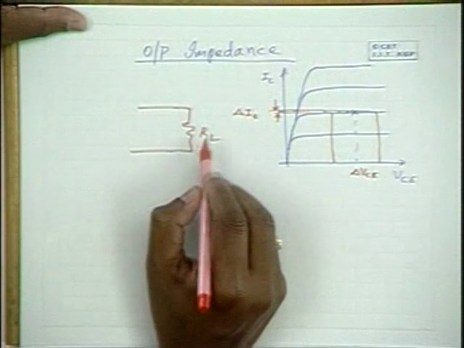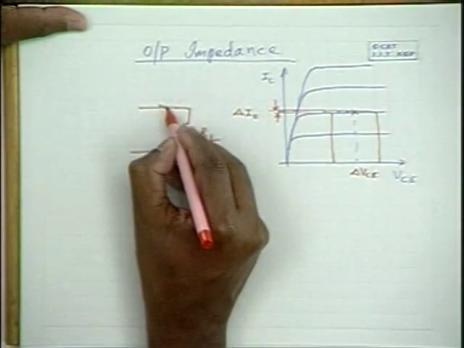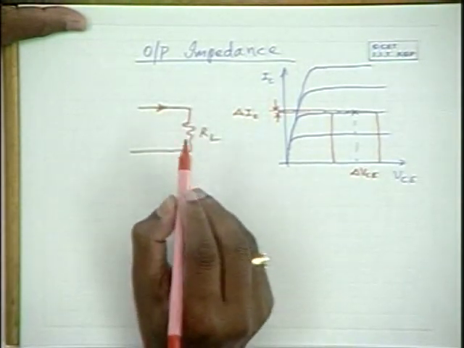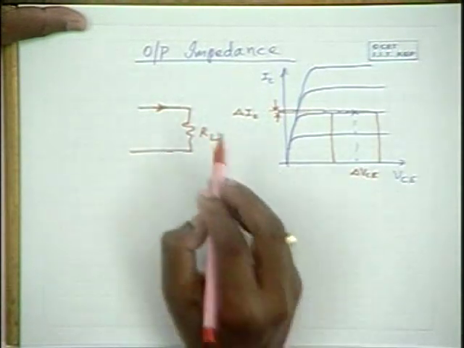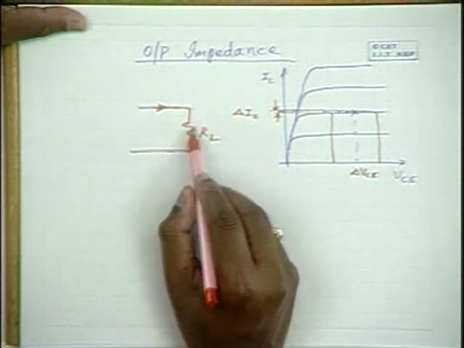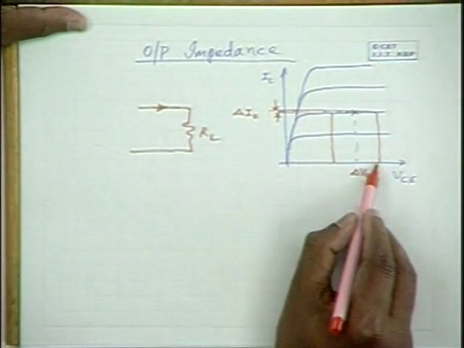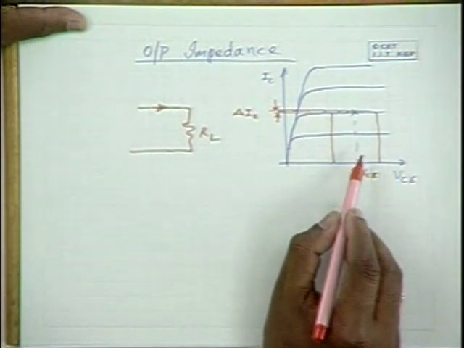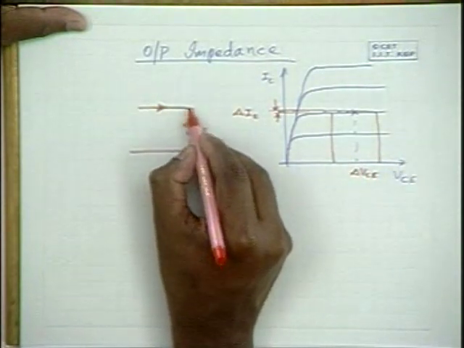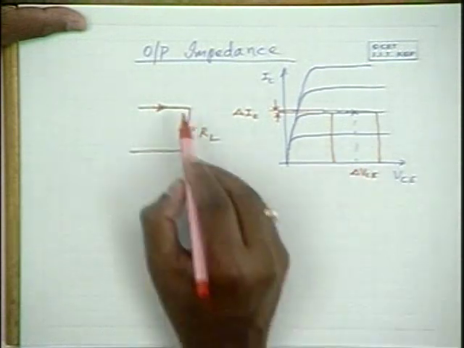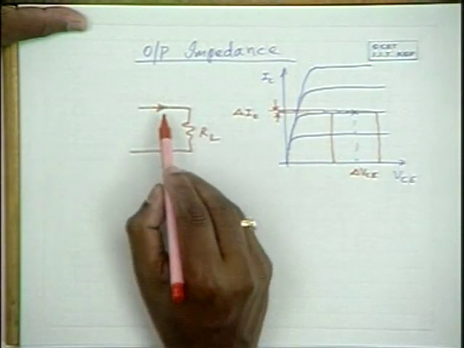That means when from the output circuit you connect some load, depending on the load, the current varies. If the load resistance is large, that means the voltage is large, and the current is small.